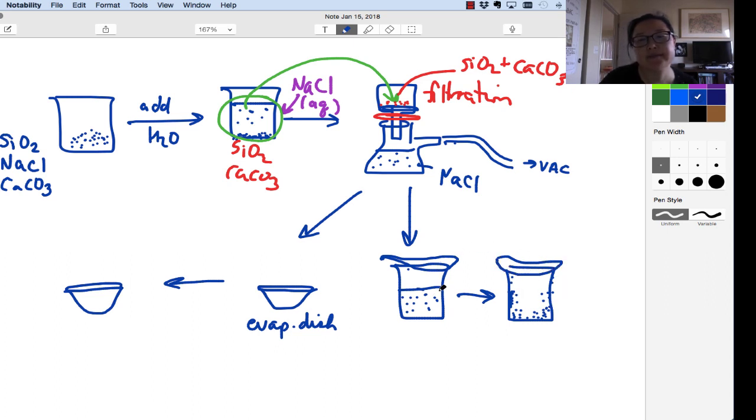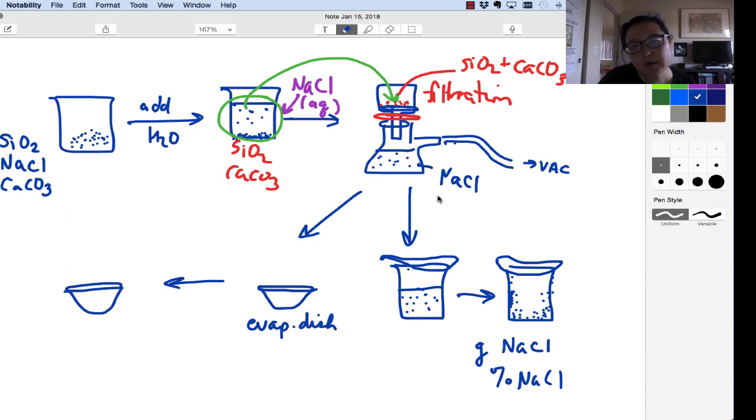By doing that, the difference will give you the mass of the NaCl. Eventually you're going to get the grams of NaCl, and based on the grams of salt divided by the grams of the total times 100, you're going to get the percent of just the salt. Okay, so there's that part.